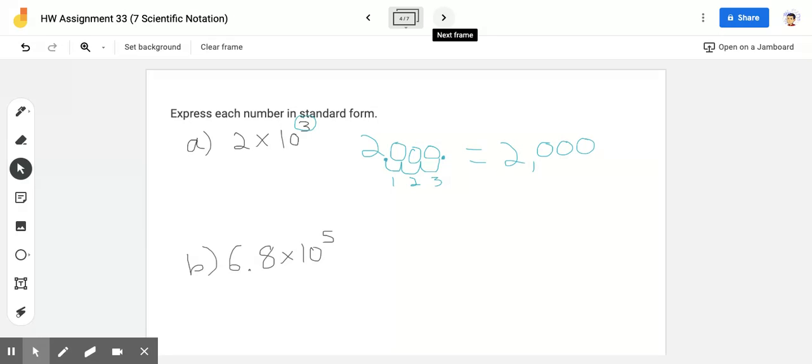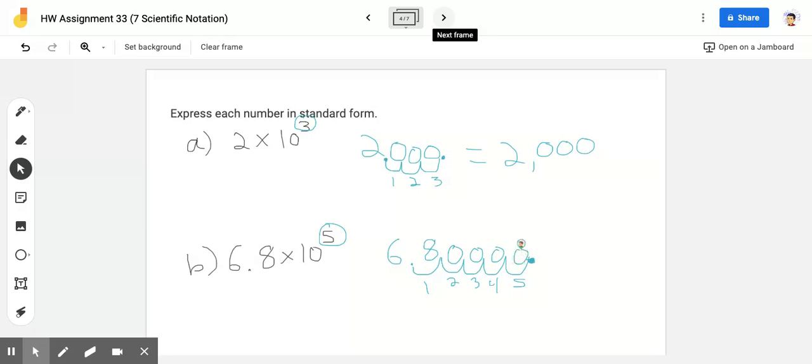Same thing below. I'm going to rewrite my coefficient, 6.8. Already have a decimal there. I see that my exponent is a 5. Therefore, I'm going to move over 1, 2, 3, 4, 5 times. This is where my new decimal point is going to be. I'm going to fill in everything else with zeros.